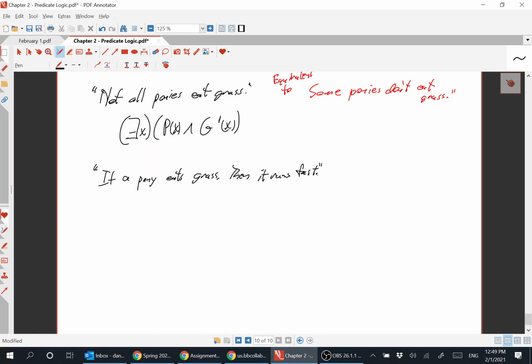What's being universally quantified here? The pony. Not just ponies. Ponies that eat grass run fast. Yeah, ponies that eat grass run fast. So it's for all x.